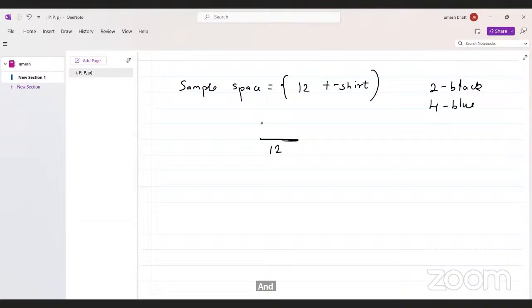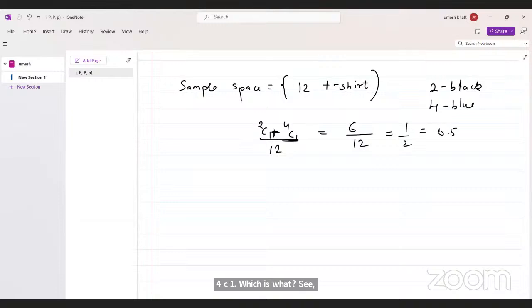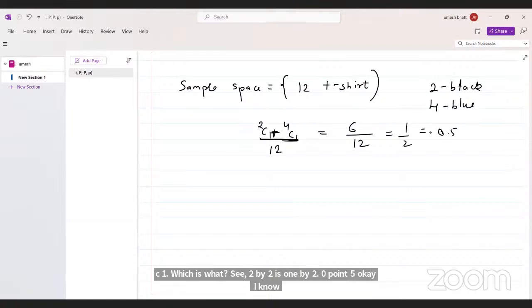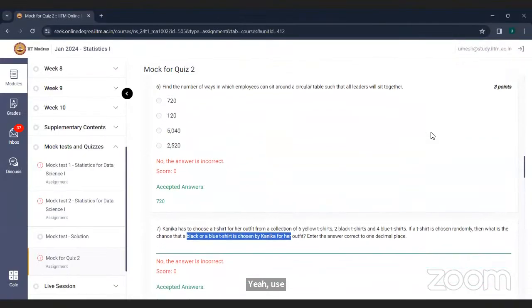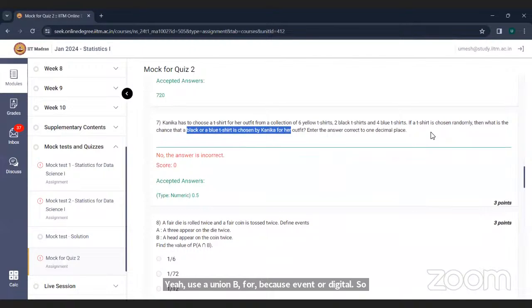So 2C1 plus 4C1, which is 6, divided by 12 is 1 by 2, that is 0.5. Okay, any doubt? No, sir. We use the A union B formula because the events are disjoint, so A intersection B is empty.